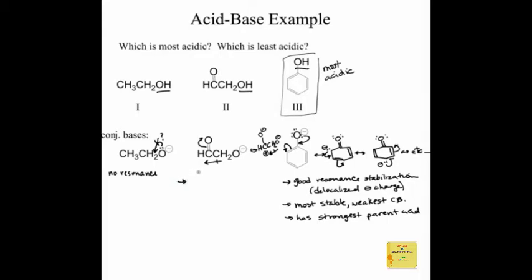So let's make the point first that it does have a resonance form, but the resonance does not delocalize the negative charge. So it's not as good as conjugate base 3, but the inductive effects of the carbonyl, if it's acting as an electron withdrawing group, make it more stable than conjugate base 1.